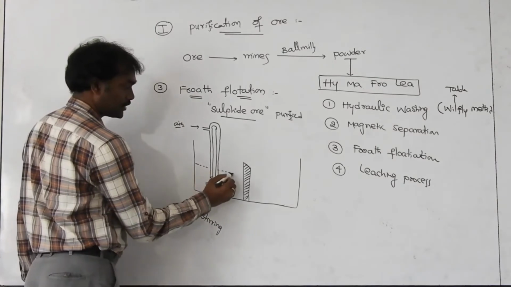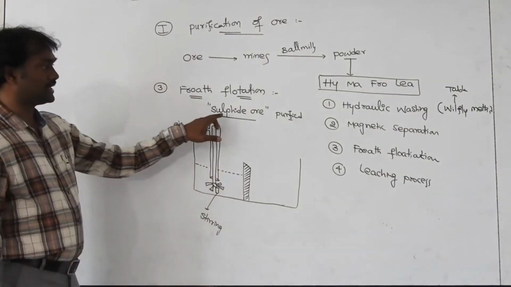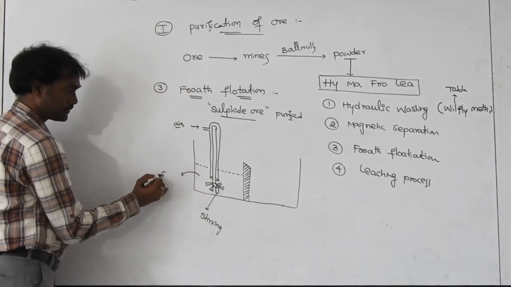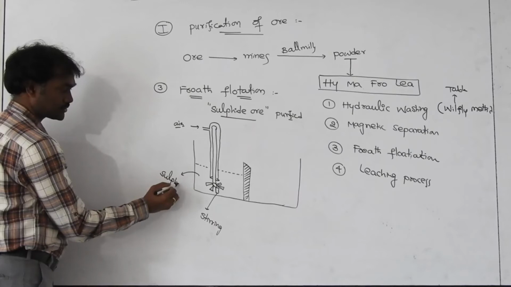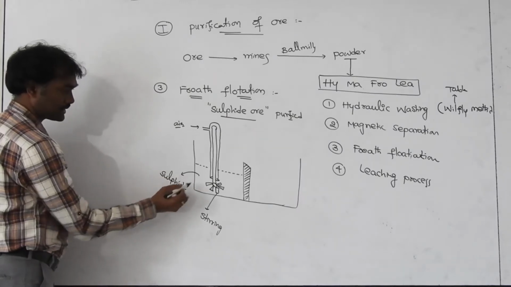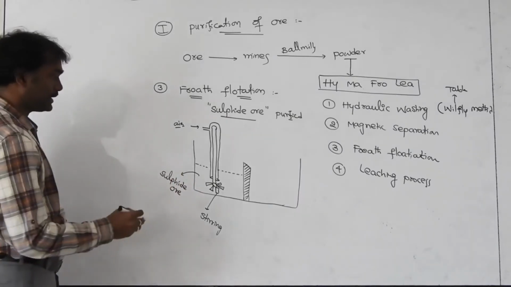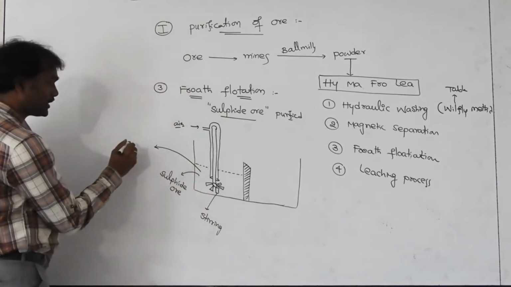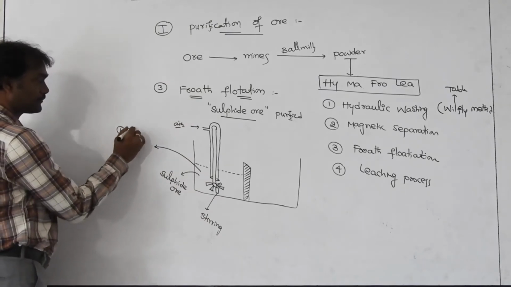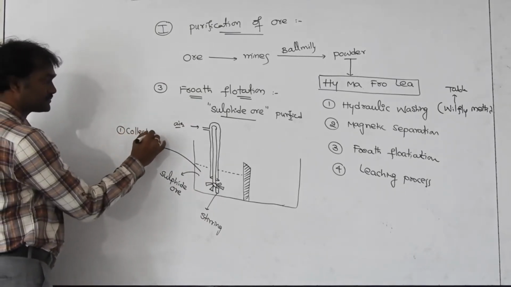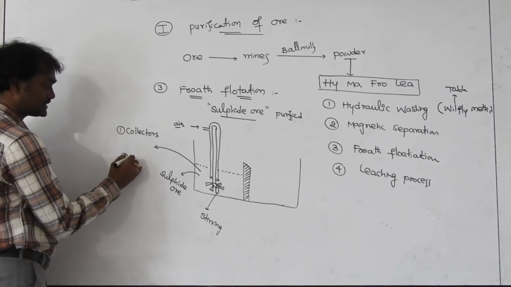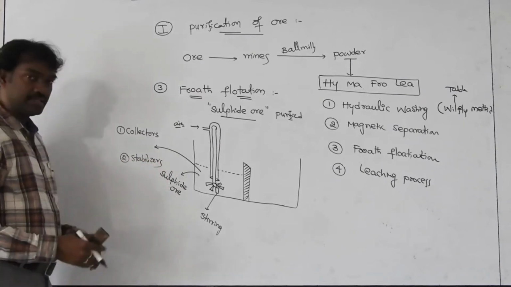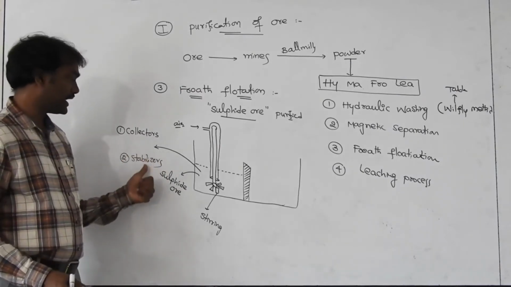Next, the ore material, the sulfide ore, is taken in this chamber, and it is mixed with two important things. One is collectors, second one stabilizers. These are important in our entrance exam.